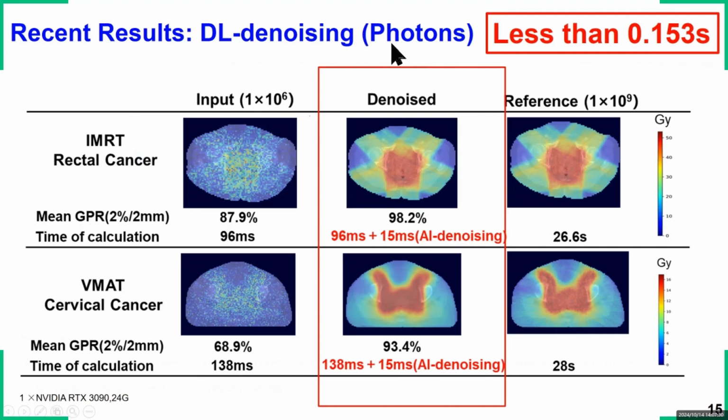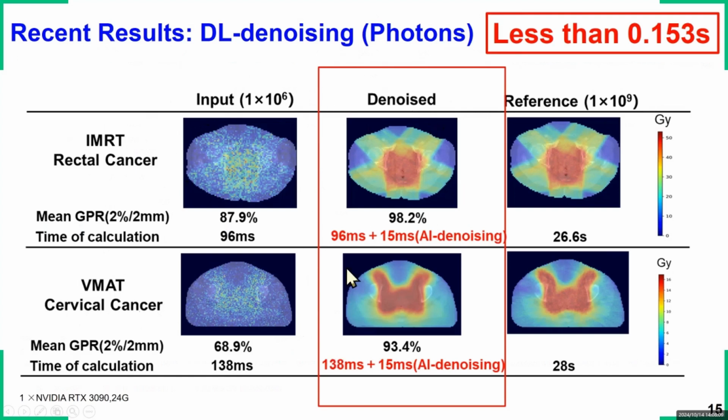First, I would like to discuss the result for photon radiotherapy, in which we considered IMRT clinical procedures as well as VMAT procedures. In the case of IMRT, as you see, we use a low count as input into the CNN. We would denoise and produce a dose result that's equivalent to those from 10^9 photons.